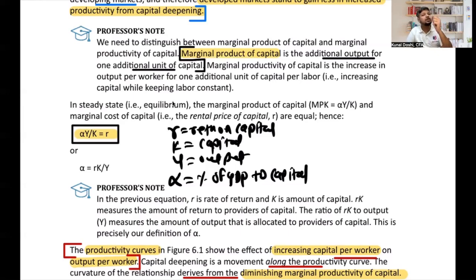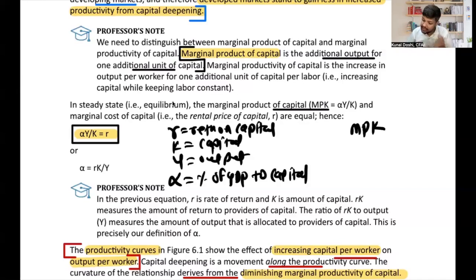So for every additional unit of capital that you put in the economy, how much is the increase in the GDP? That is called marginal product of capital, MPK. So that's an advantage, right? This marginal product of capital is how much is the addition in the GDP for adding 1 unit of capital.